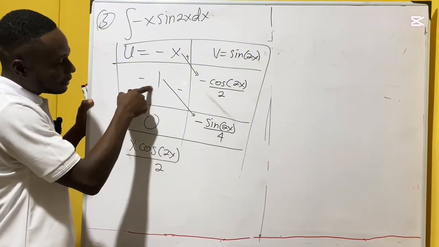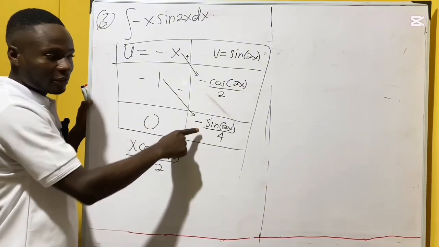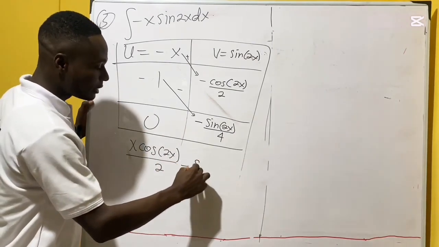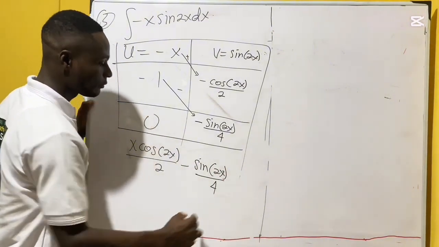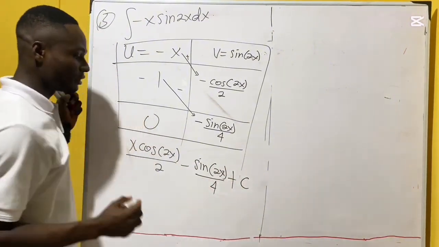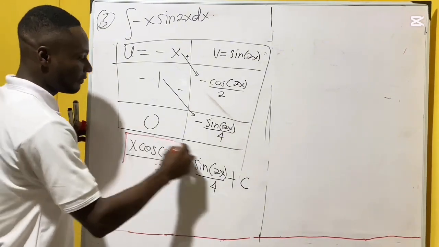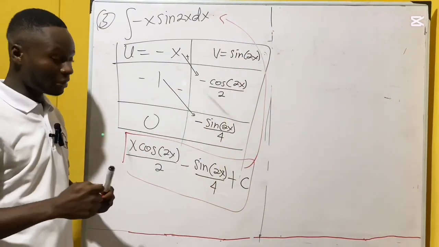Then negative 1 times negative, right, is going to be positive times negative again, and we have negative sine 2x on 4 plus our constant of integration, right? So this becomes the final answer to this particular problem, our problem number 3.